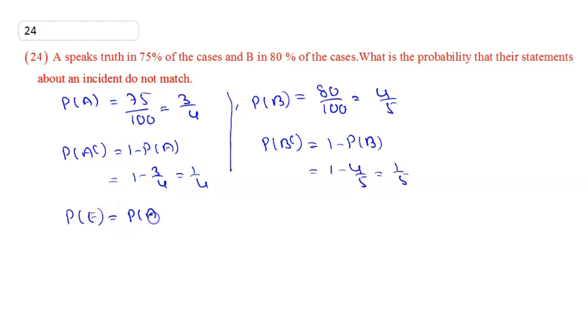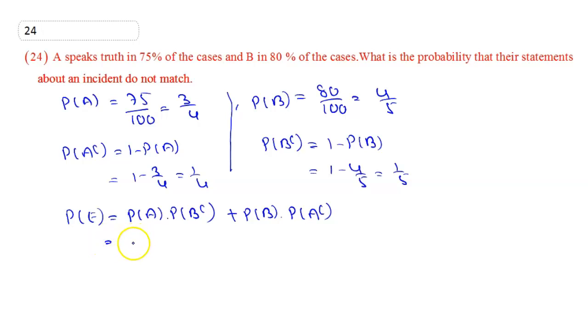P of A into P of B complement plus P of B into P of A complement. A is speaking that does not match with B. B is speaking that does not match with A. Right. So here we already calculated A complement and B complement.